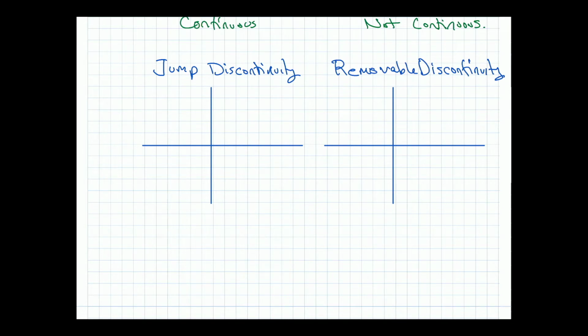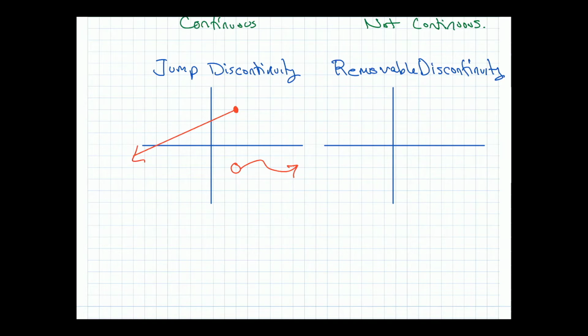Took a while. So a jump discontinuity is when you have a function, a straight line, that's fine, and it jumps. So there you go. That is a jump discontinuity right there. Now a removable discontinuity is a little bit different.